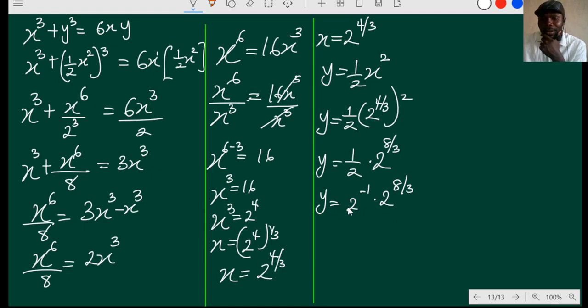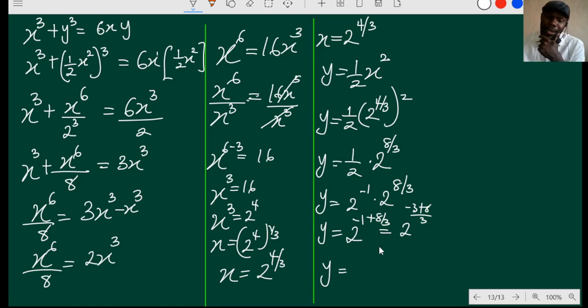So from the law of indices, y will be 2 raised to the power minus 1 plus 8 over 3. When we find the LCM, which is 3, it will be minus 3 plus 8. So our final value of y gives us 2 raised to the power 5 over 3.